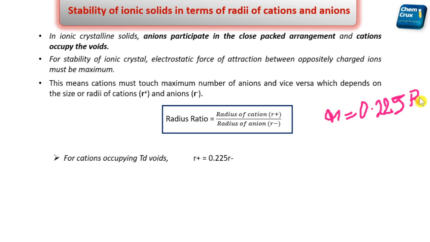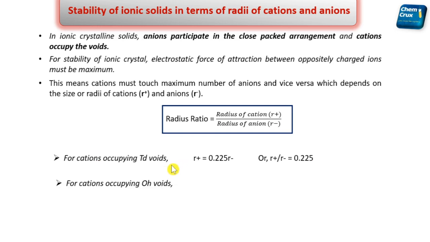So this equation can be written as R plus is equal to 0.225 R minus, or the radius ratio R plus by R minus is equal to 0.225 for cations occupying tetrahedral voids, right?